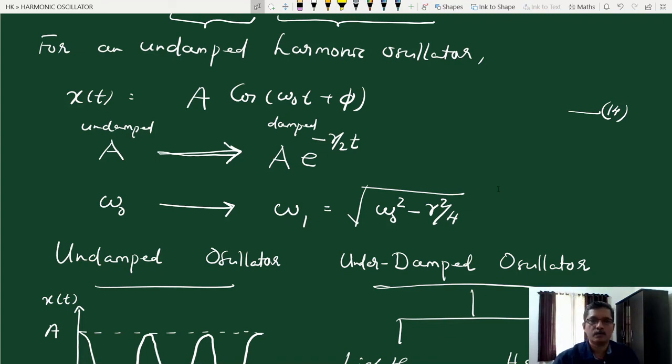damped harmonic oscillator. In a real situation, the oscillations are damped oscillations. For example, a simple pendulum oscillating in the lab in the air, and the air exerts a viscous force proportional to the instantaneous velocity and opposite to the direction of velocity. So any real oscillator is a damped oscillator.